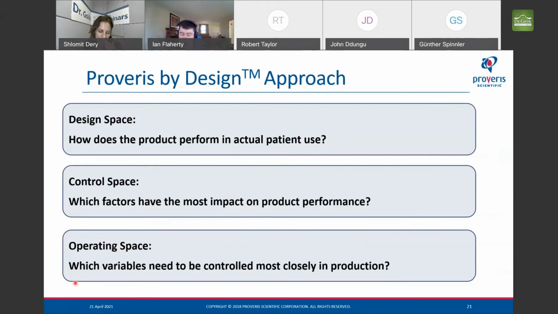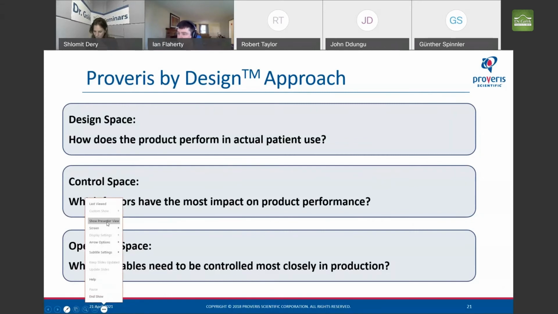We use this with our contract service projects, and also to help guide our customers who have purchased instrumentation from us to follow these guidelines. The principle is broken out into three areas called the design space, the control space, and the operating space.